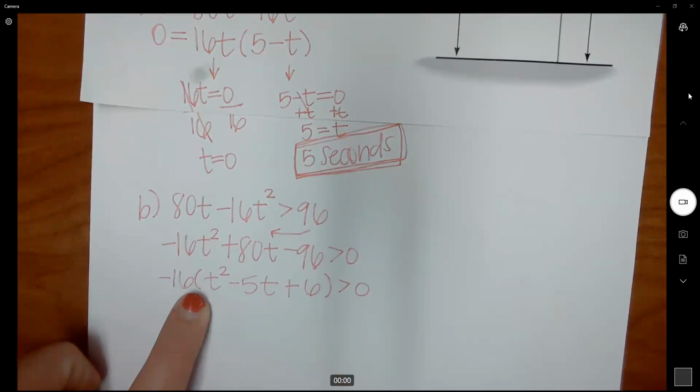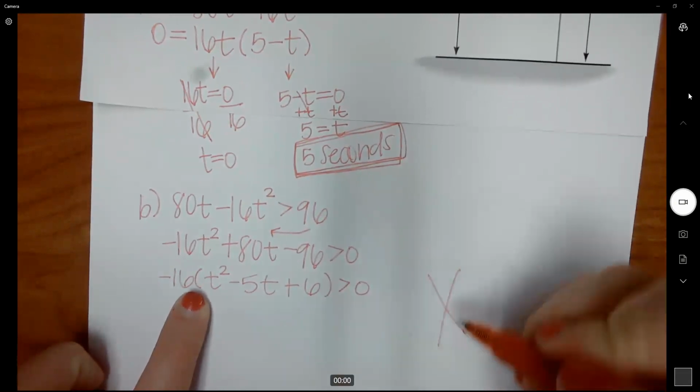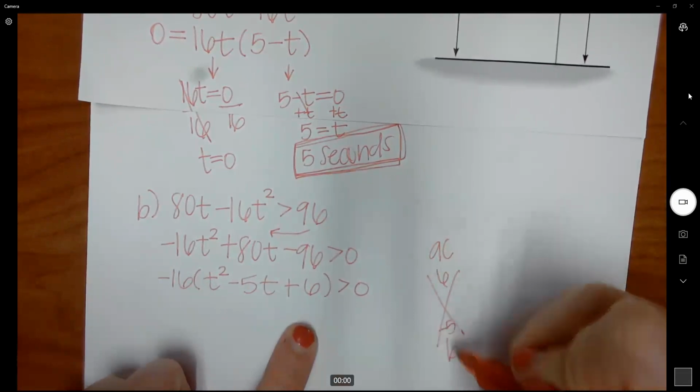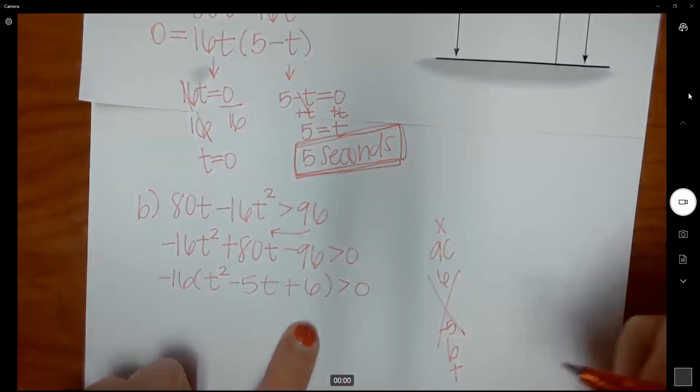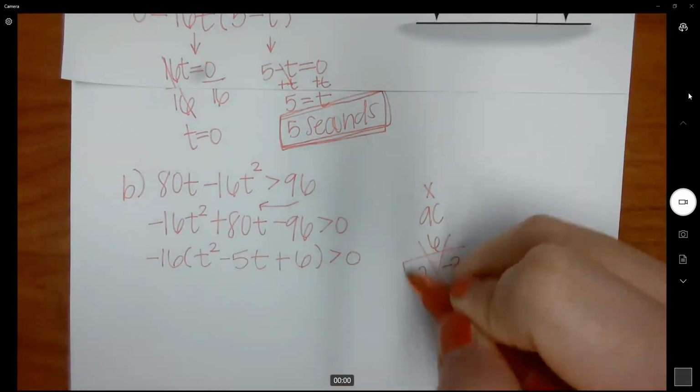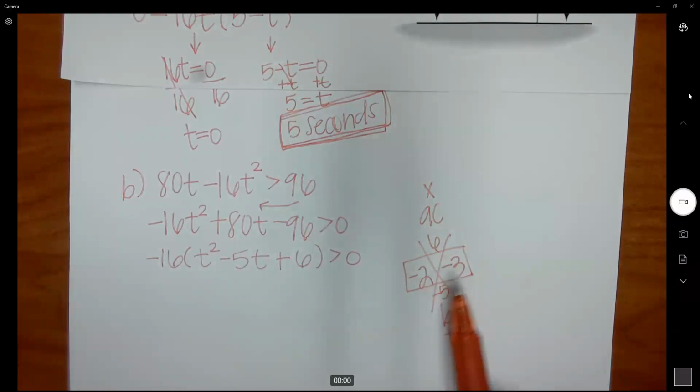We have an easy trinomial, so hopefully this factors. My a times c is 1 times 6. My b is negative 5, so it adds up to negative 5 and multiplies to a positive 6. And that is negative 2 and negative 3.